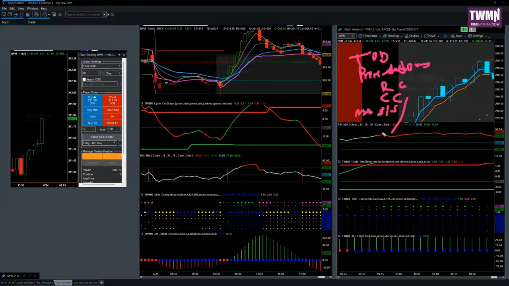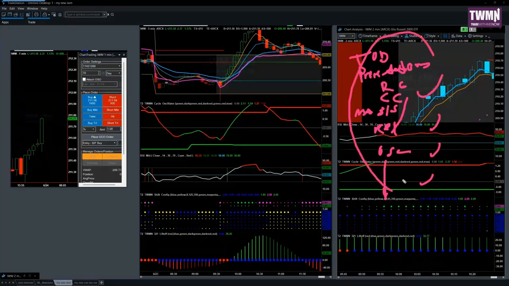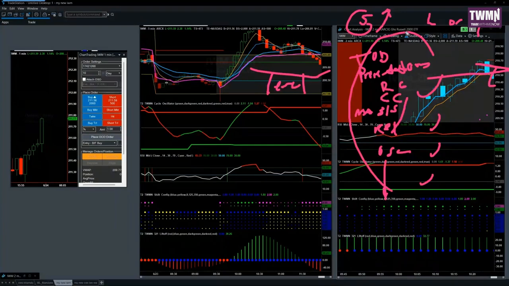Then I want to look at the RSI, the cycle oscillator that we invented, and the shift dots. If I can get all of this, and I don't have a level right on top of my head, I go and take the trade. And I'll take it to the next level or yellow. And unless the 5-period moving average is screaming through it, in that case, I double down and I'll get out at the next yellow. That's it.